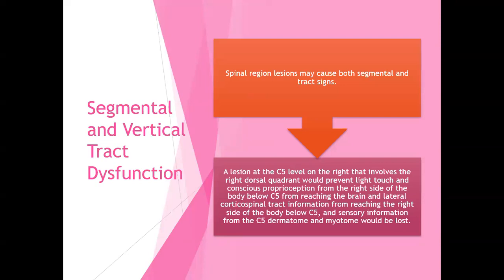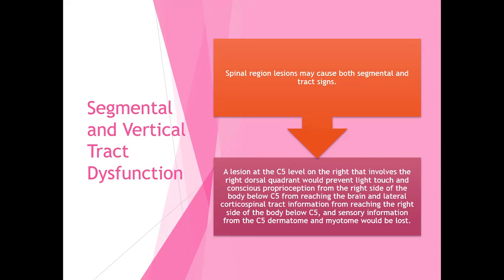So you can have spinal region lesions that cause both segmental and vertical tract signs. This is the example from the book. A lesion at the C5 level on the right that involves the right dorsal quadrant of the spinal cord. Dorsal, it's going to prevent light touch and conscious proprioception from the right side, because light touch and conscious proprioception run in the dorsal column.